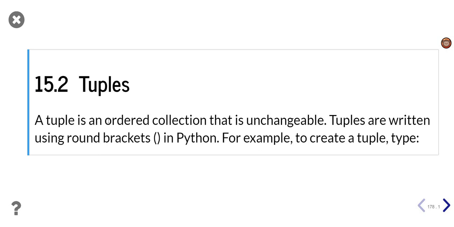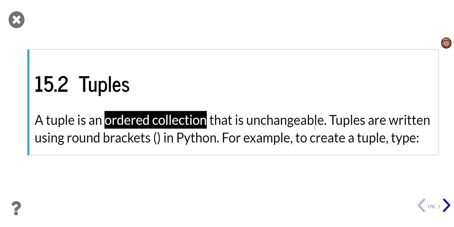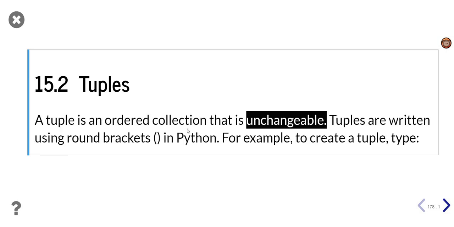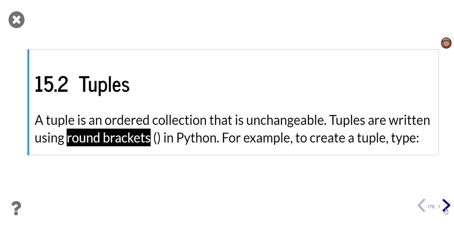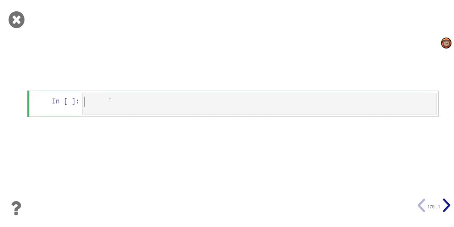So now we're looking at tuple. A tuple is a keyword, an ordered collection, but it's immutable. You cannot change it. And you write it using round brackets. So let's create a tuple. So let's say this is my tuple. Here you use brackets.